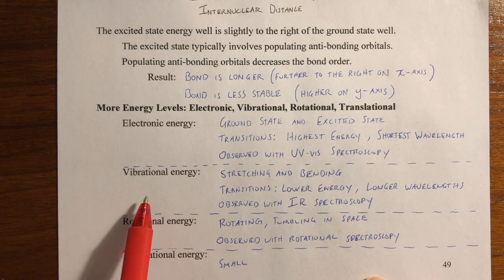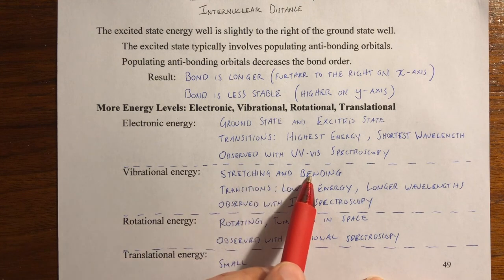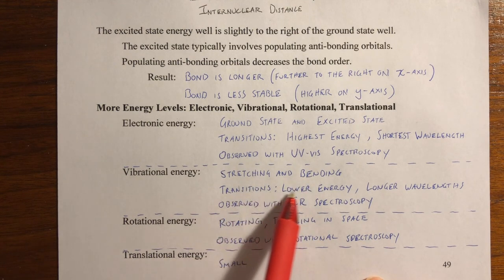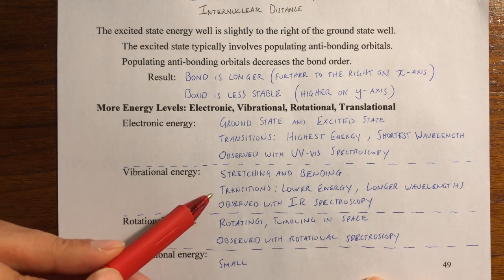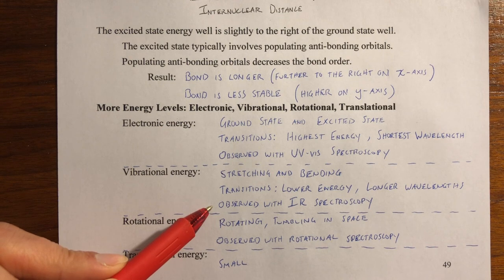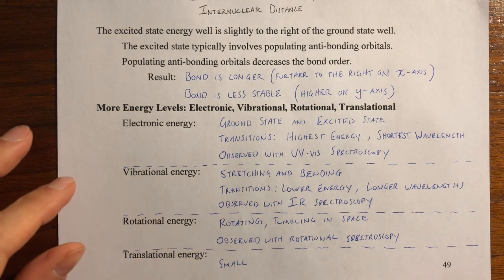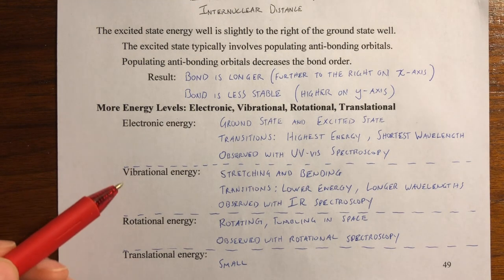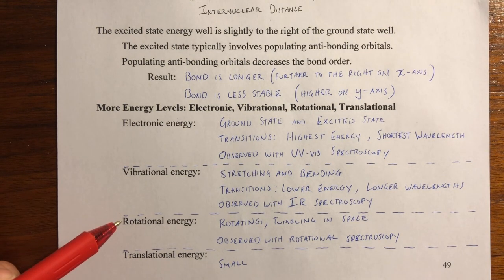Vibrational energy in molecules has to do with stretching and bending. These transitions are lower in energy and therefore have longer wavelengths, and therefore we observe these with IR spectroscopy, which you may remember from taking a look at organic molecules in organic chemistry. Beyond vibrational energy, we have the even lower energy rotational energy.